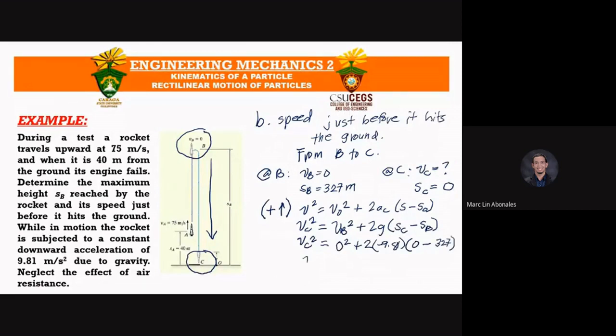So what is our answer there? VC squared. What is the answer on the right side, if we do not take the square root yet? So 2 times negative 9.81 times negative 327. 6,415, okay.